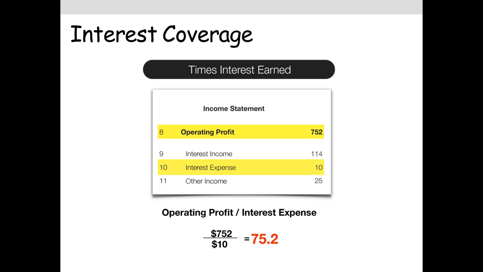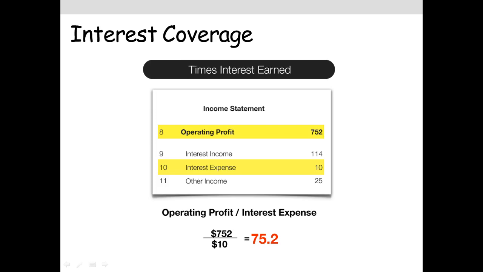Next is the interest coverage ratio. We want a ratio above 1, which indicates that operating profit is more than interest expenses; usually 5 to 7 is considered very healthy. This company has very little interest expense, only 10.